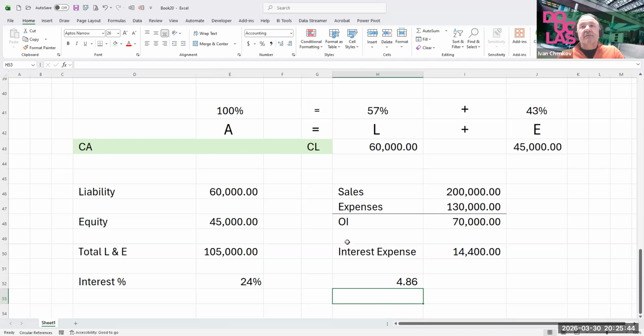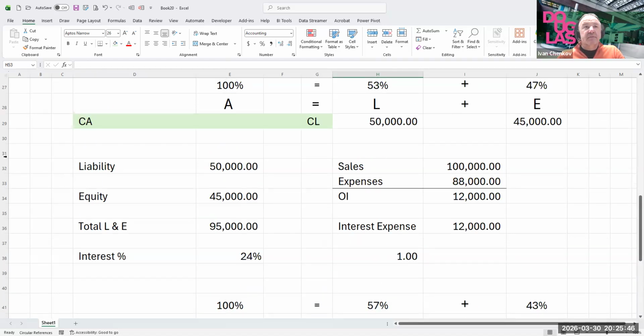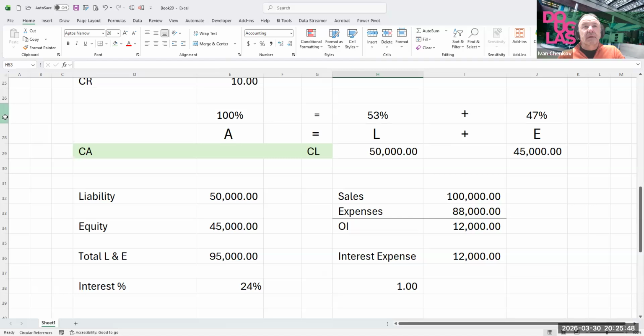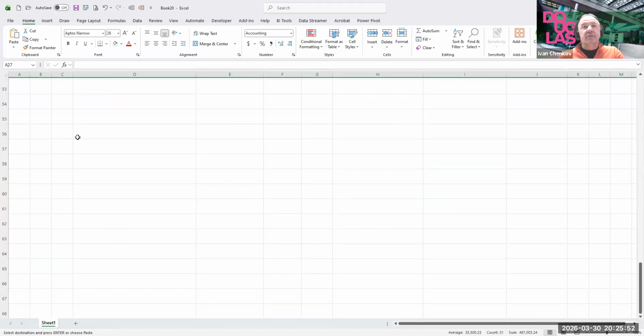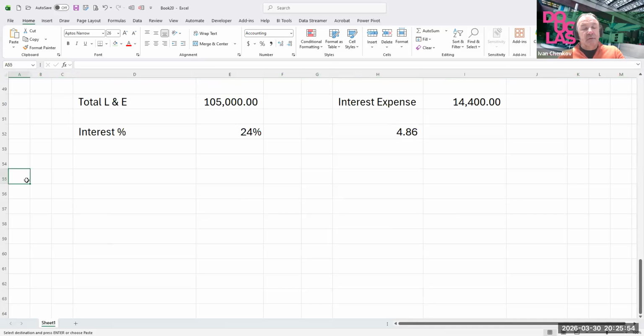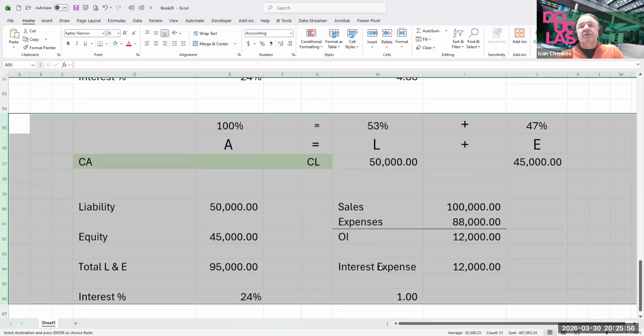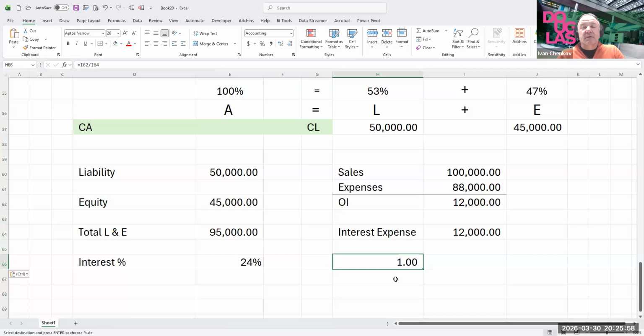The other option that you have, watch this. Currently, you're in this situation where the interest earned ratio is 1.